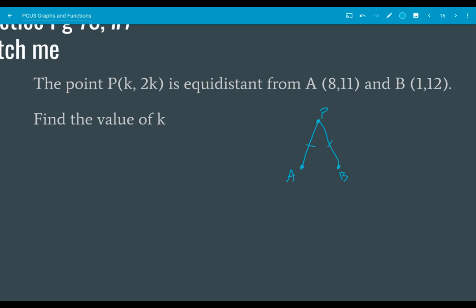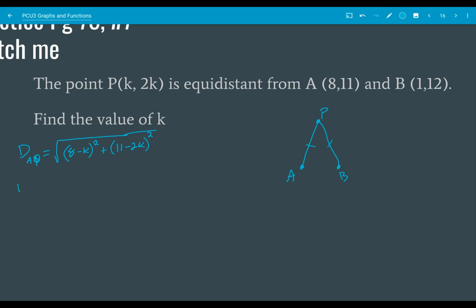So now that we've got our drawing, we know that the distance AP is going to be the square root of our change in x, so 8 minus k squared plus 11 minus 2k squared.